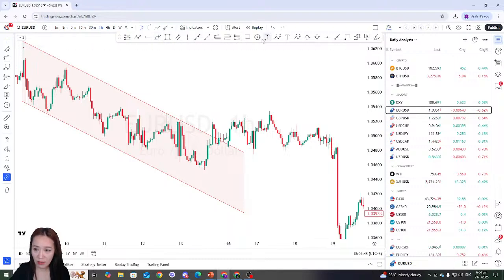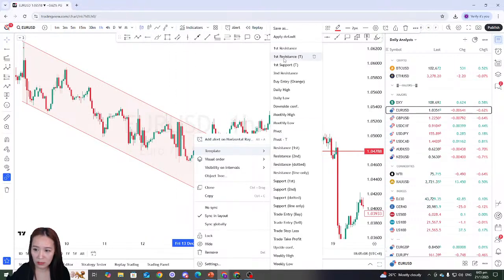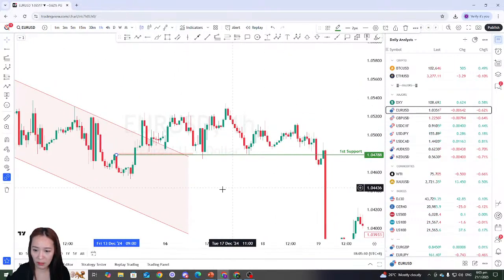In the H1 time frame, this one is your support level here. To me, I may miss an entry if I were to put my support level here. Let's say you're able to identify my support level here.